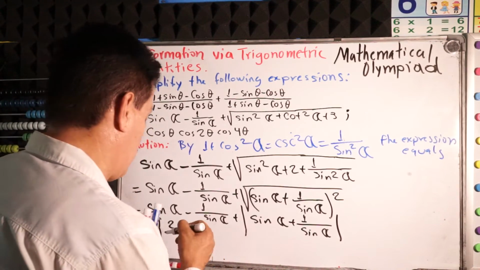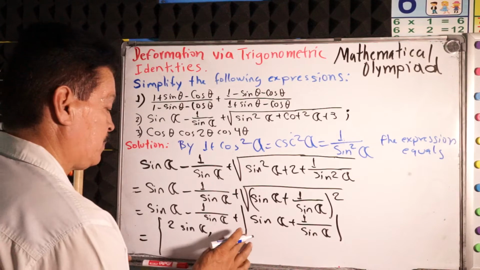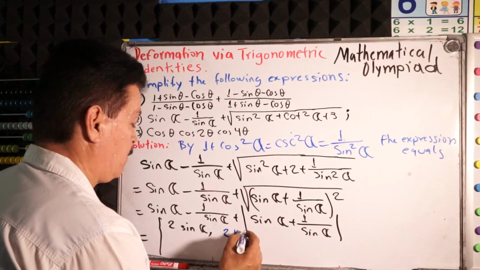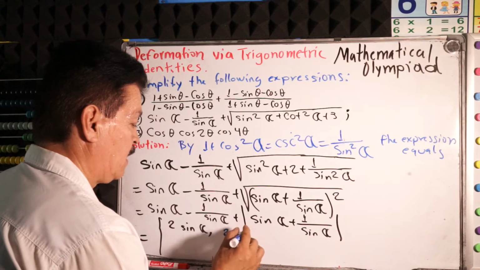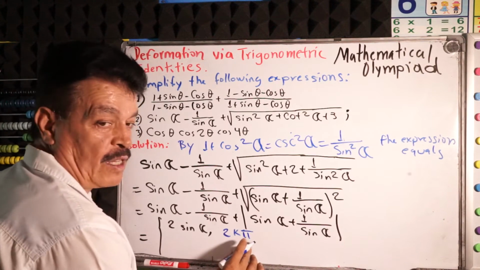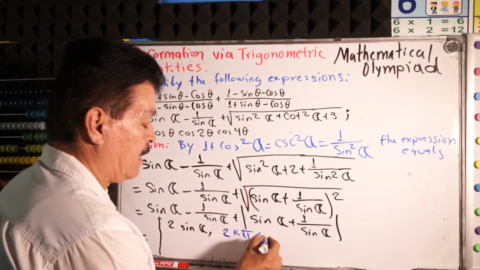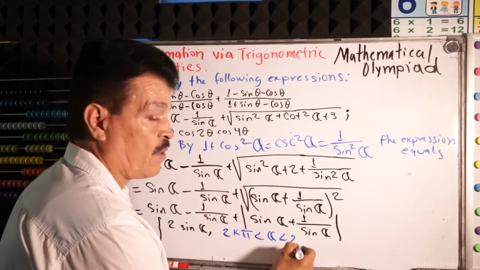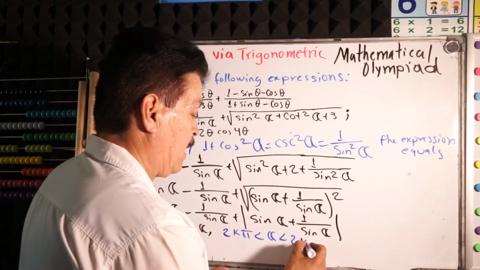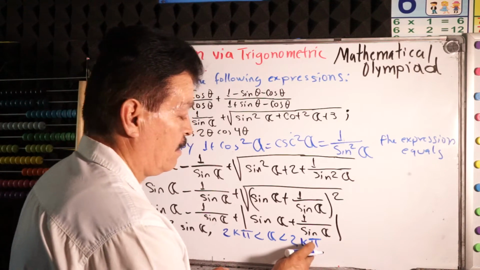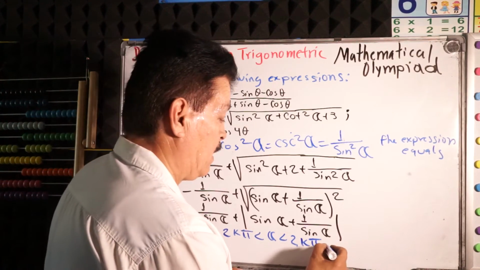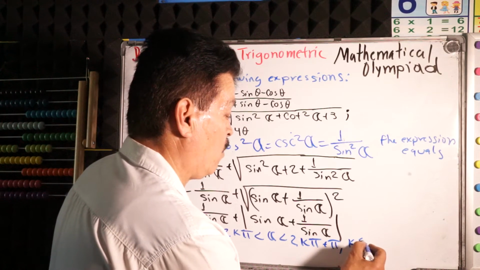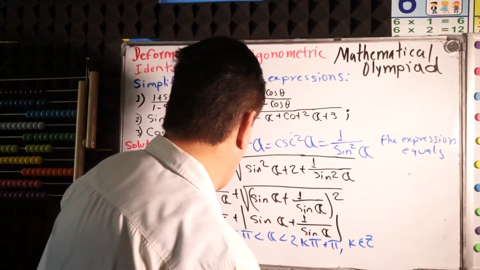We have to write here 2k pi, for instance, 2k pi, less than the angle which we are talking about, less than 2k pi plus pi, which in this case k belongs to Z, I mean the whole numbers.